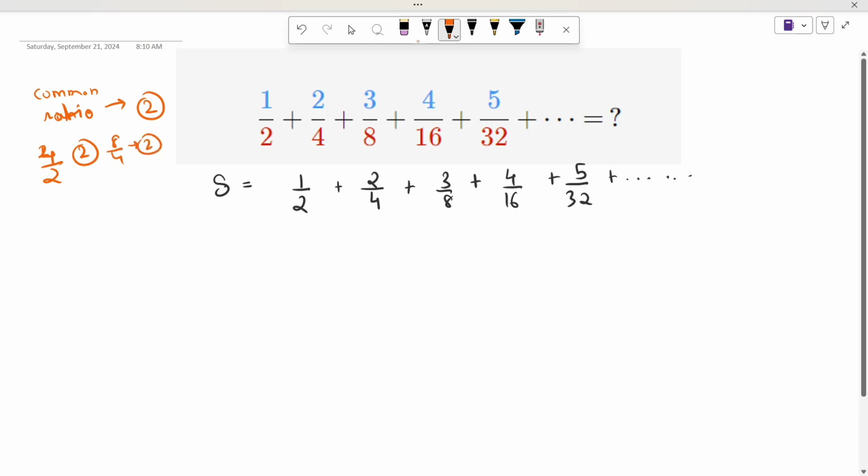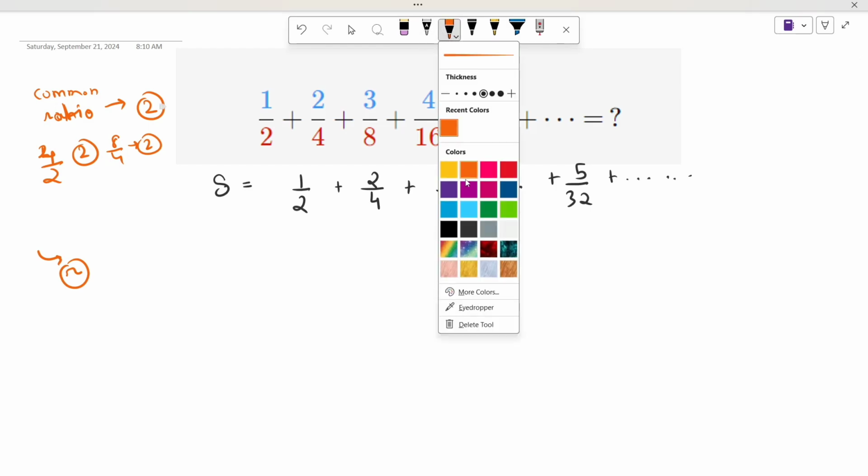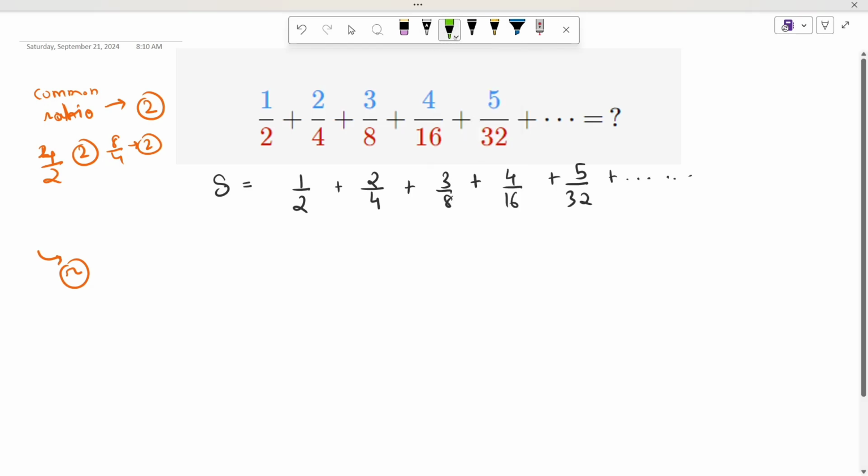So the common ratio is 2. The trick in these types of questions is you just need to multiply the terms by the common ratio, that is r. So let's multiply the series with the common ratio and proceed.